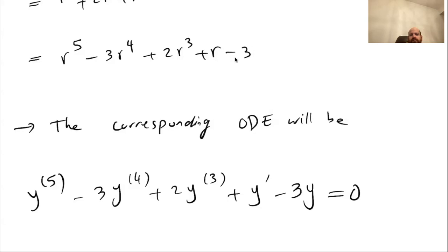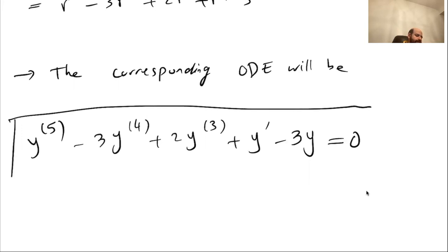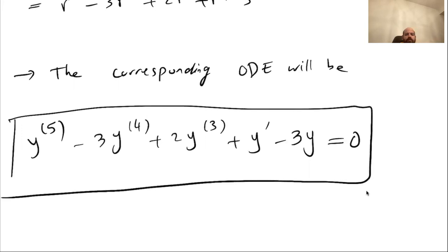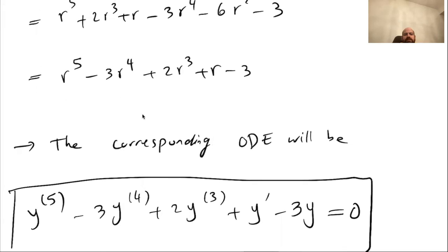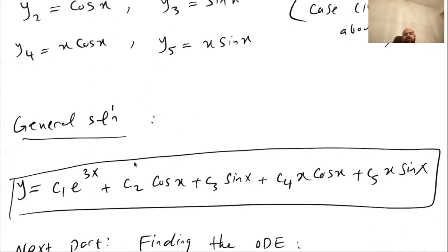And minus 3 means minus 3 times r to power 0, so the corresponding term will be minus 3 times y zeroth derivative, which is y, and then equals 0. This will be the corresponding ODE for this characteristic equation, which has this general solution.